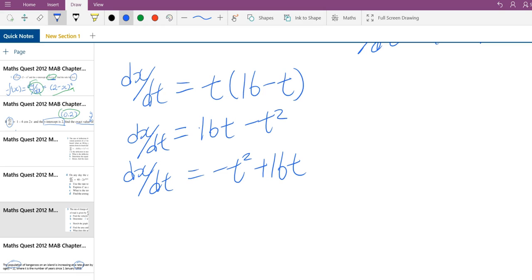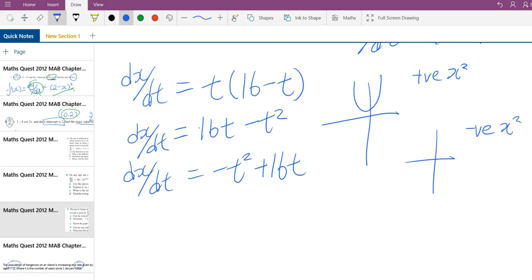We know it turns into a quadratic, and this is a negative quadratic. Positive x squared will give you something like that, therefore negative x squared will give you something like this, which has a maximum somewhere. That would be the turning point.